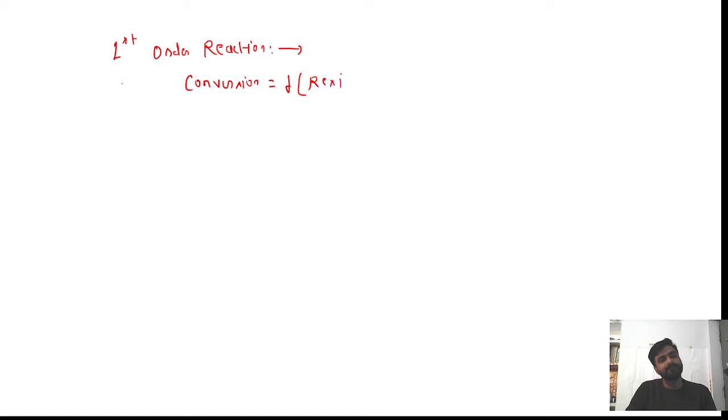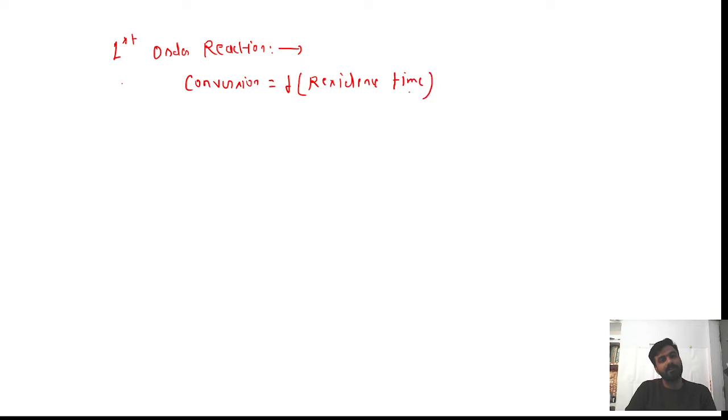But what happens when we talk about the second order reaction, the third order reaction, or the zero order reaction? Hence, RTD alone is not sufficient to determine the conversion or performance of the reactor. So here I can write: only in a first order reaction, conversion is the only function of residence time.